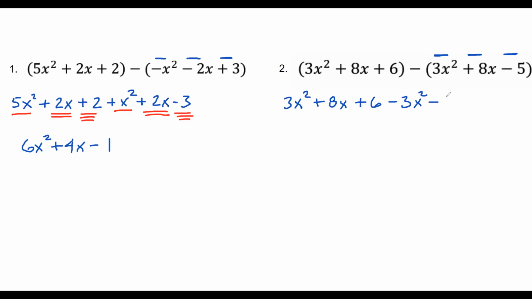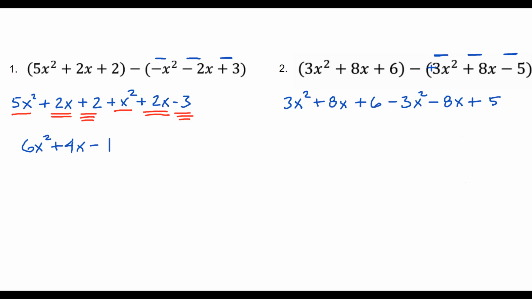That leaves us with minus 8x. And then minus and minus, that's going to turn into plus 5. So the one thing we have to consider is that in front of that 3x, there's kind of a missing plus sign because that's a positive number. Now let's see what happens.